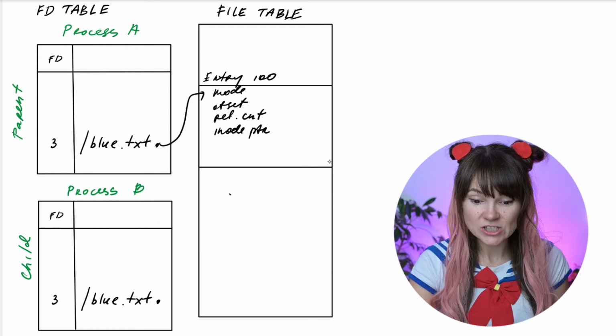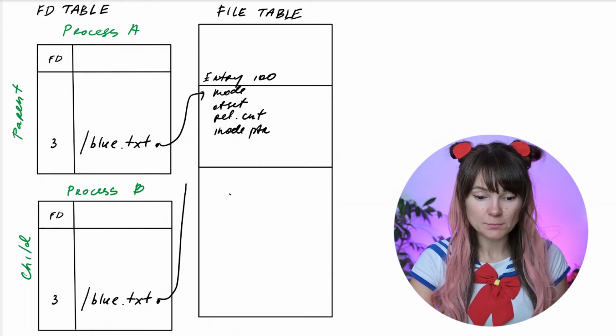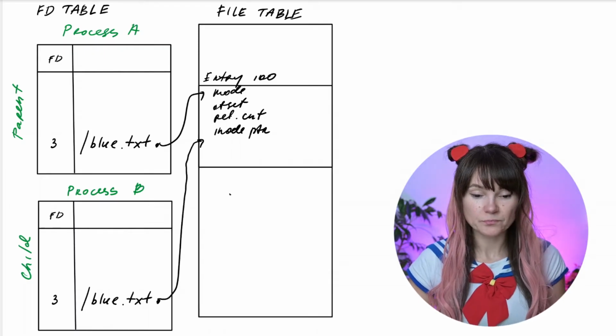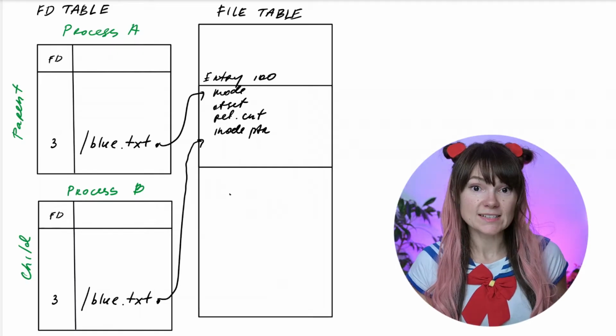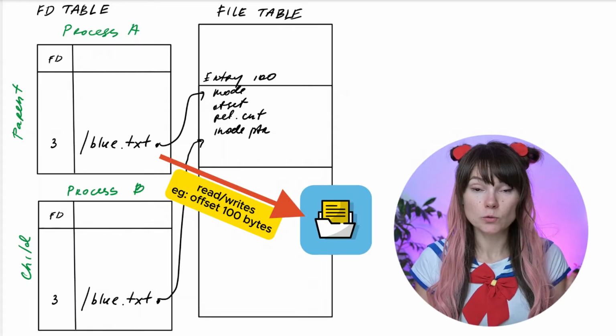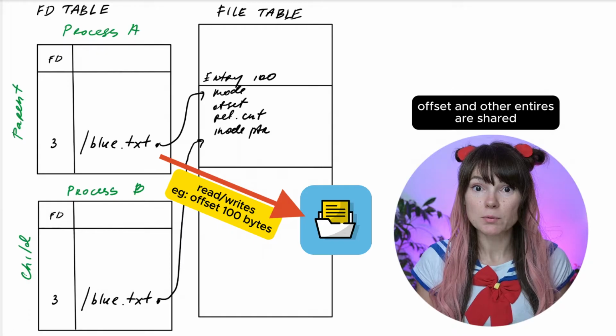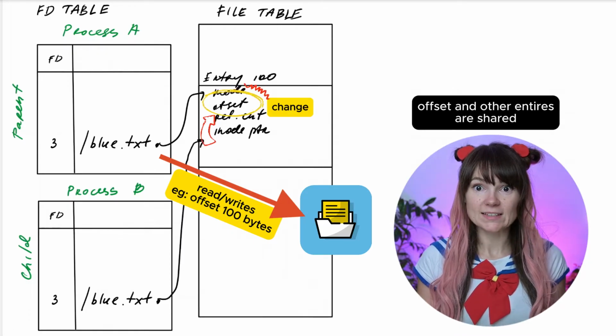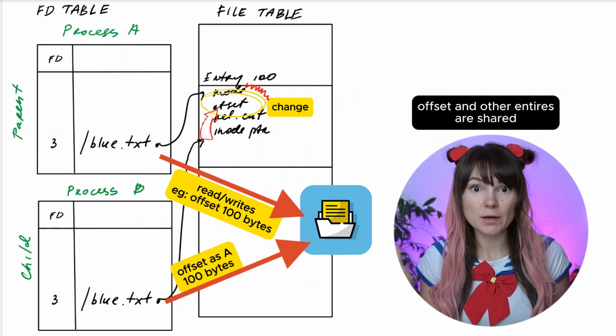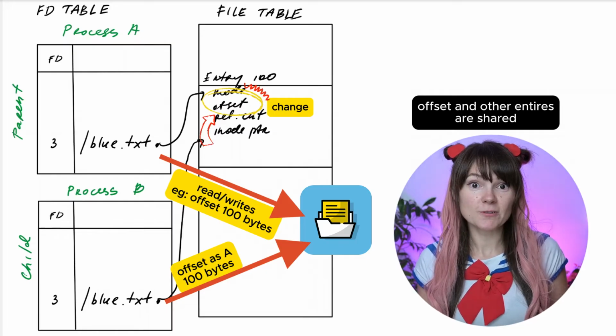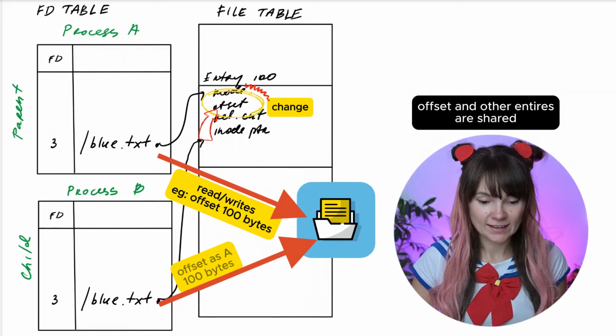This means they share the same file offset and permissions. So, if process A reads from or writes to the blue file, it will affect where process B will read or write next. Any changes to the file position by one process will also reflect in the other.